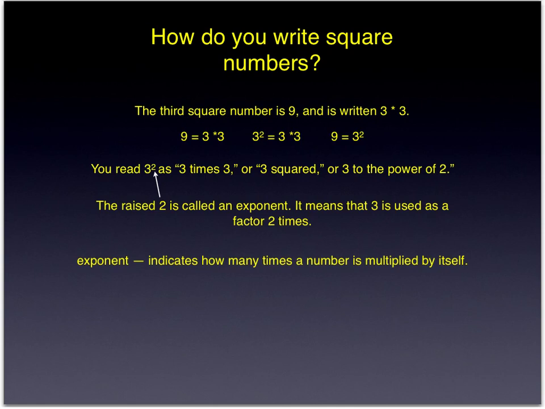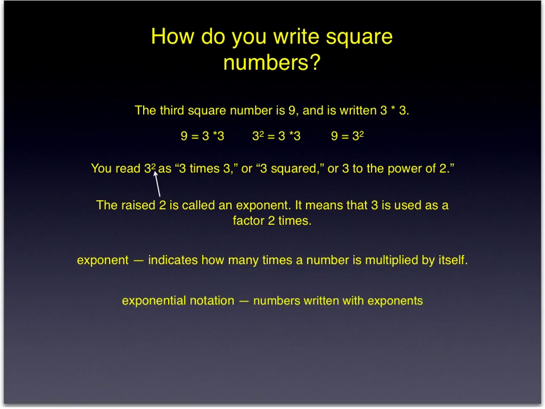So an exponent indicates how many times a number is multiplied by itself. This is very important: how many times a number is multiplied by itself. Those are the very most important parts. And we call numbers written with exponents exponential notation.